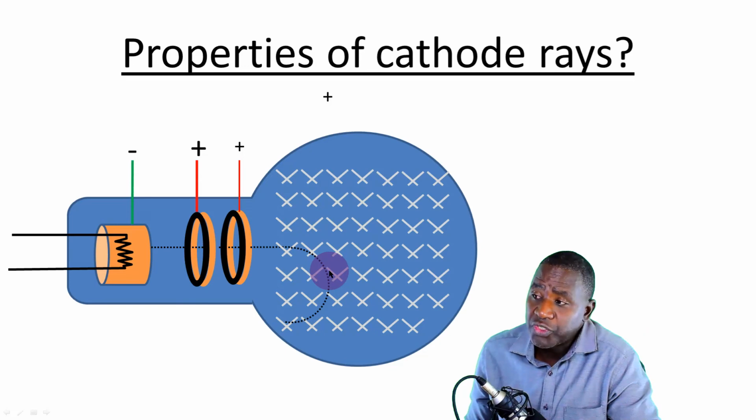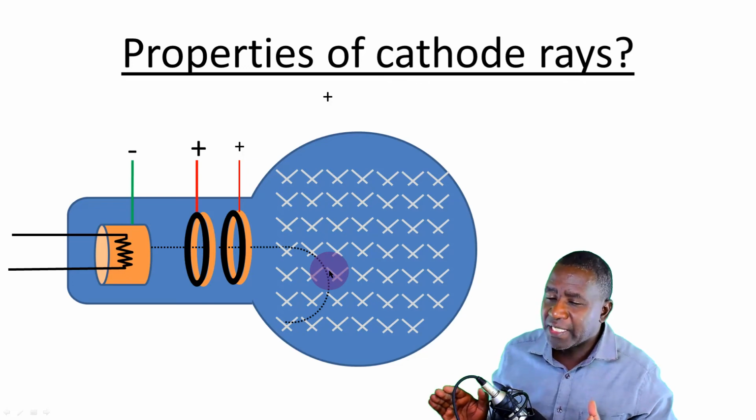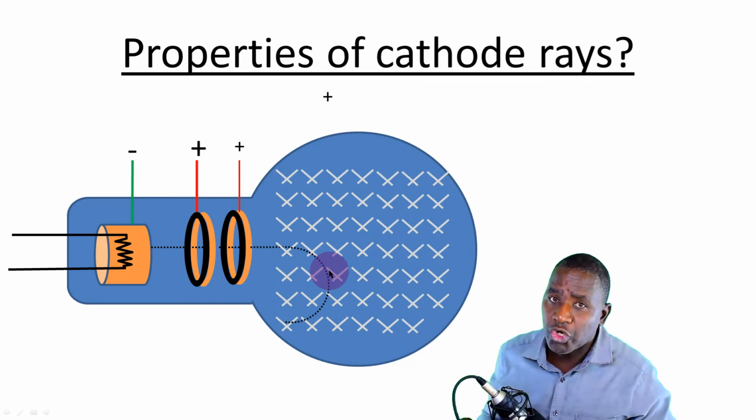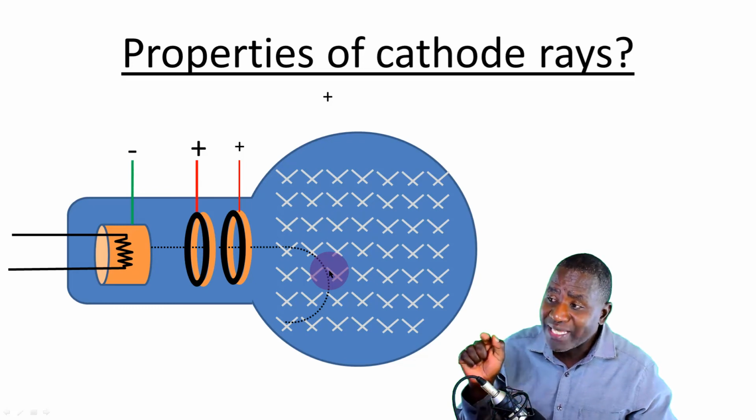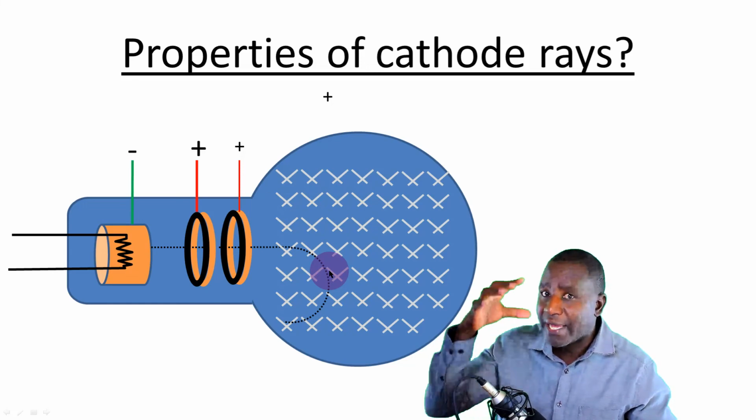So the other point we need to consider here is this. How will this particle move if we use a stronger magnetic field? And how do we strengthen that magnetic field? We strengthen the magnetic field by making sure that the current which flows through that coil is higher.